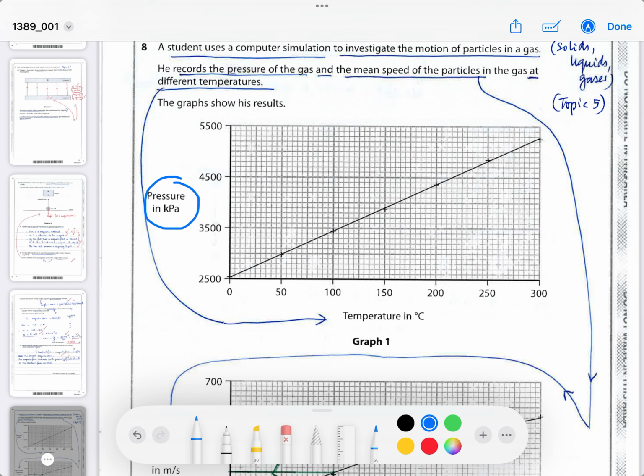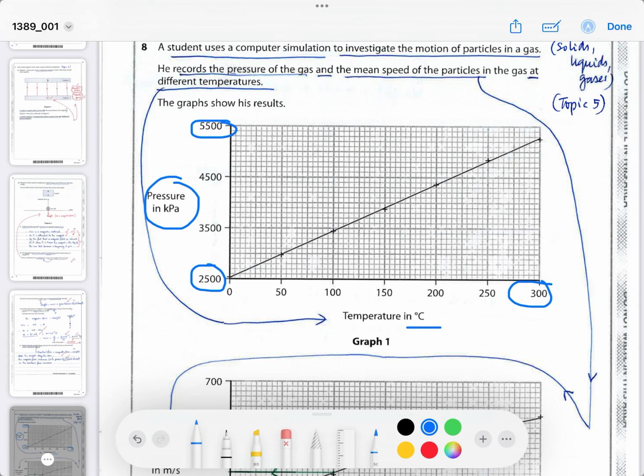So here it ranges from 2,500 kilopascals to almost 5,500 kilopascals as the temperature changes between 0 degrees centigrade and 300 degrees centigrade. So that's the range that we're looking at.